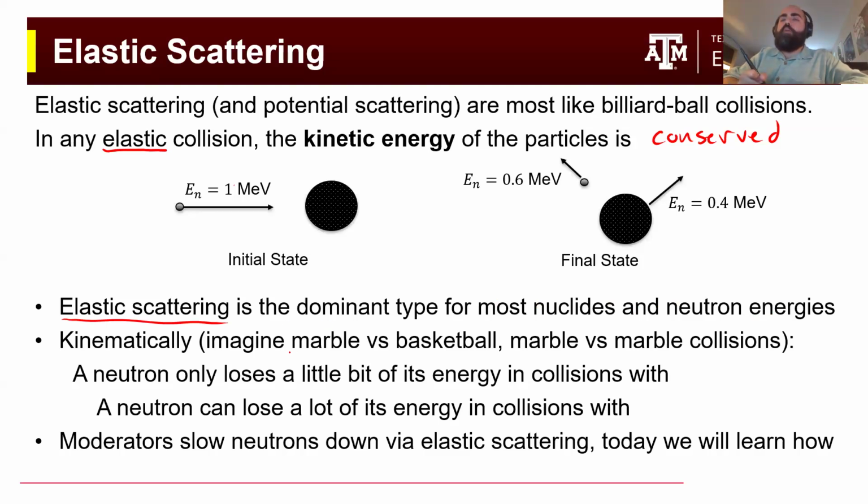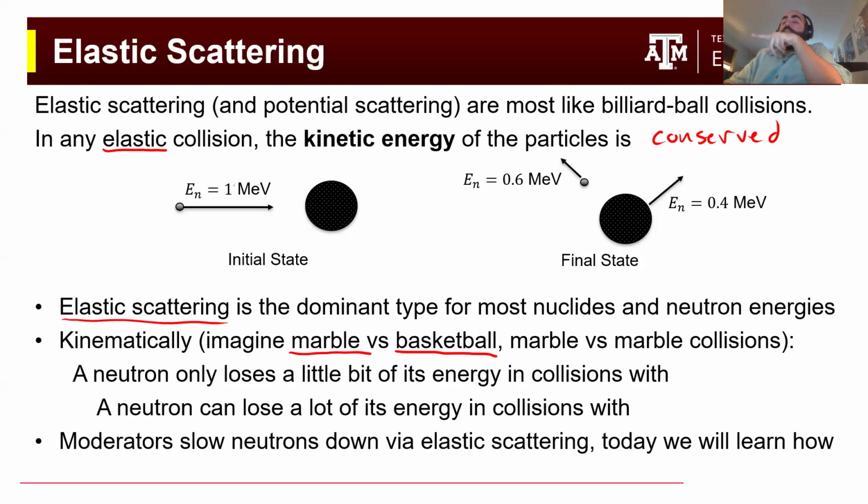So think about a marble being like a neutron, and a basketball, or maybe even a bowling ball, being like the nucleus in our analogy. If I take a marble and throw it at the basketball, and the basketball is stationary, what's going to happen?